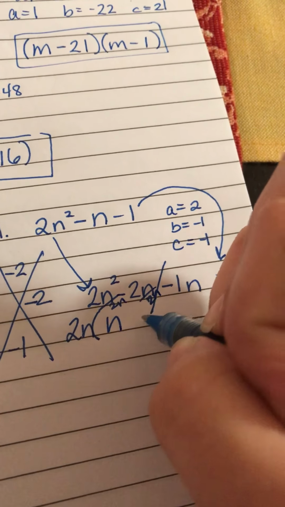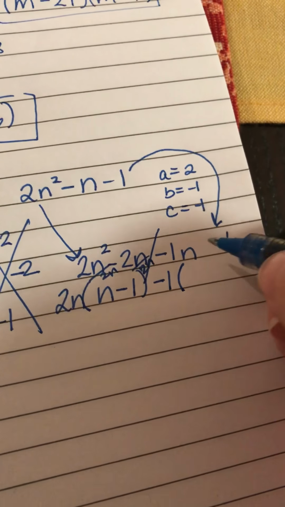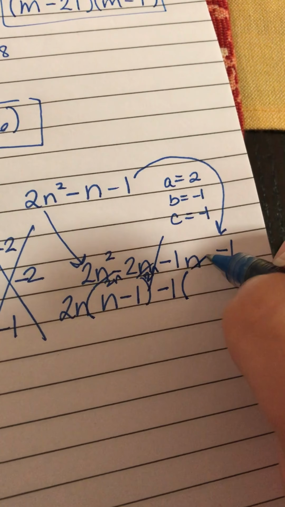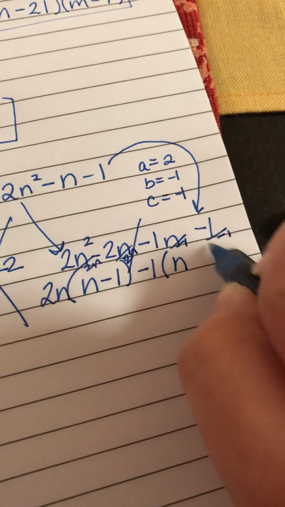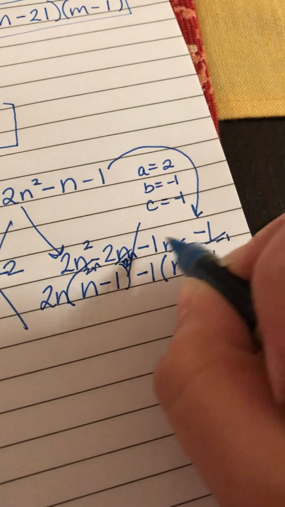And then over here, because the first term is negative, I have to take out a negative. So I'm taking out a negative 1 because that's all they have in common. And so I'm dividing by negative 1, which only changes signs. So this would give me a positive n, and this would give me a positive 1. Oh, that's not positive.